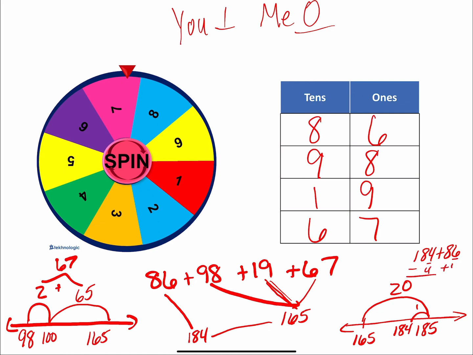If I take 4 and I give 4, now I have a problem like 180 plus 90, which is a really nice problem. 18 tens and 9 tens is 27 tens, which is the same thing as 270. So I got 270. So my answer ends up being 270. Or your answer ends up being 270. So your sum is 270.